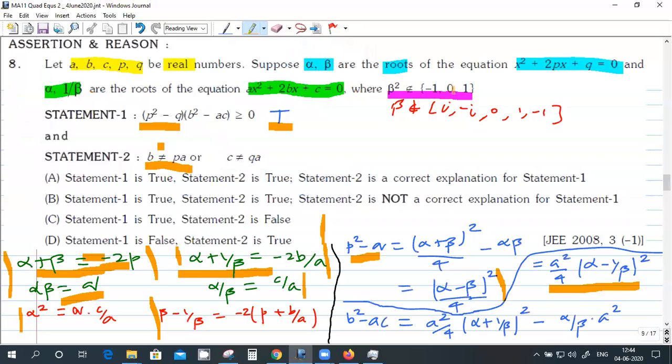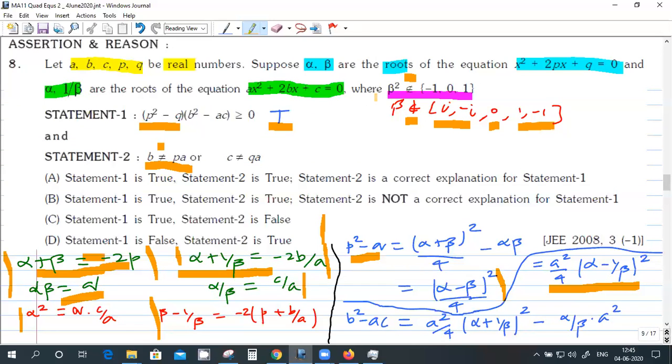Okay, but here in the question he has given, are you able to see this symbol? It's not element of this symbol. He has given beta square is not element of -1, 0, 1. So that means beta is not an element of square root of -1, which is i and minus i, right? And 0 is just 0, and square root of 1 is 1 and -1.